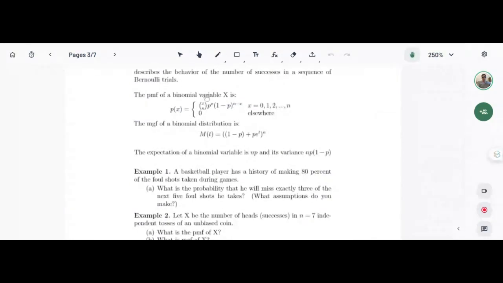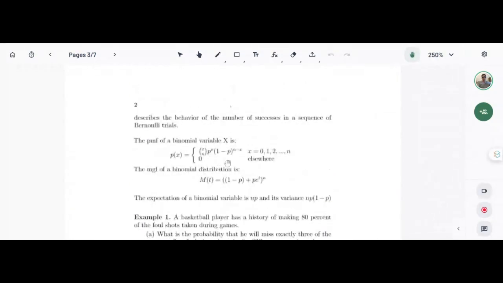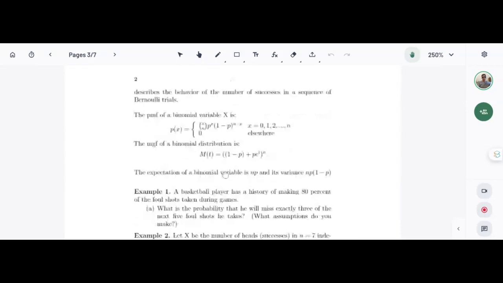This is a distribution of that. I think you covered all these things in the first part of the sequence, so I don't want to spend too much time on that. The moment generating function is going to be something like this.